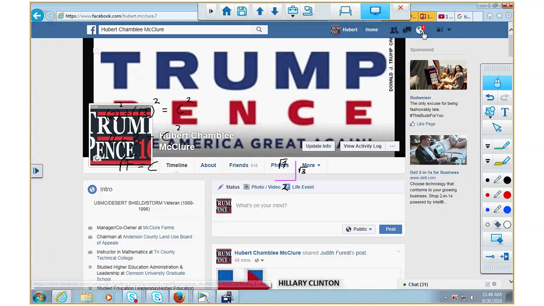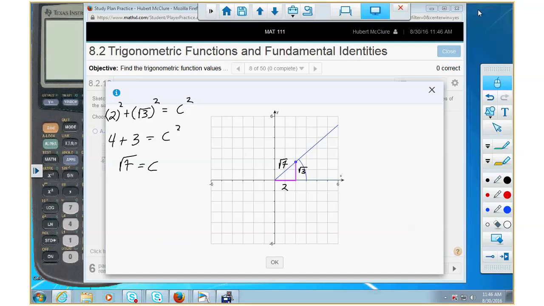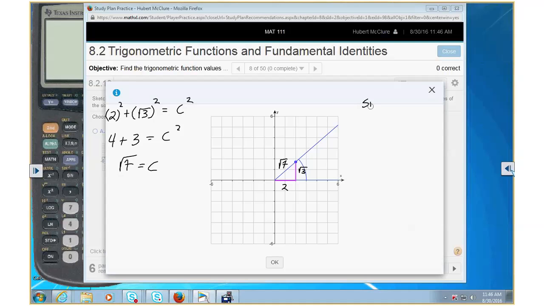All right, we're through looking at my truck. We'll have to go back to doing this so that person won't complain. All right, so sine is equal to opposite over hypotenuse, which is the square root of 3 over the square root of 7.